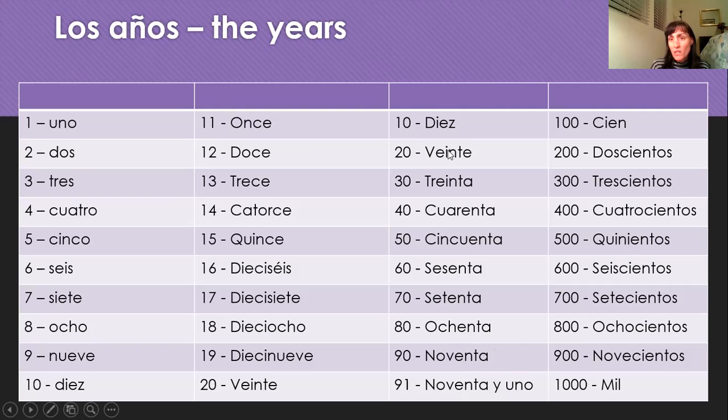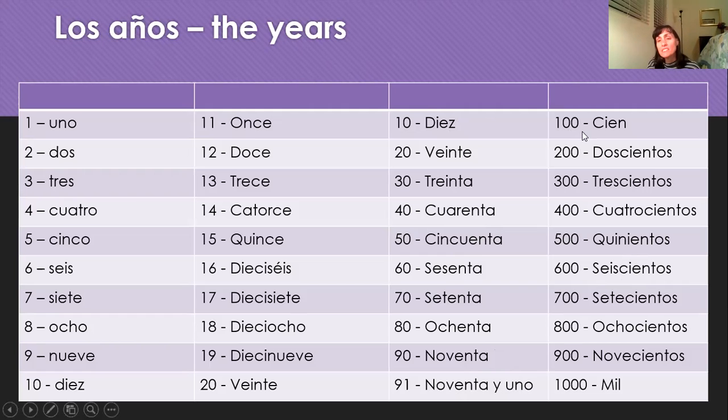Same thing with 20. 21, 22, 23, 24, 25, 26, 27, 28, 29, 30. Same thing with 60, 60 and 1, 61, 62, 63, 64, etc. So you take the tens and you add the ones, and that gives you all the numbers in between.